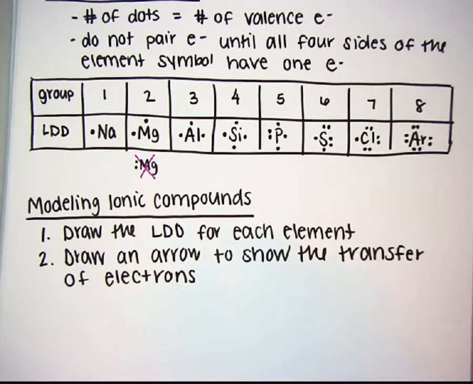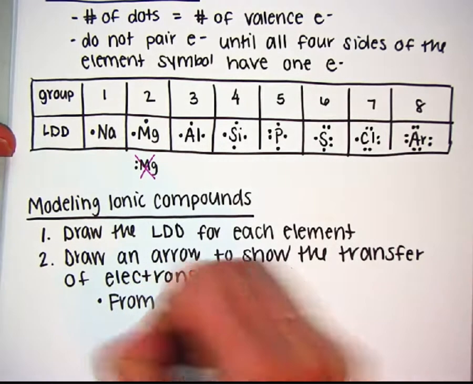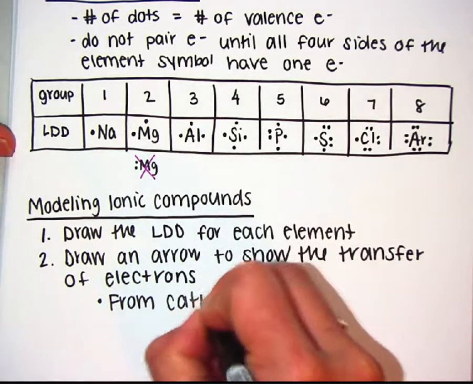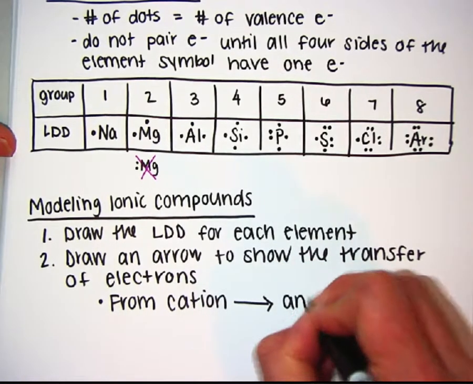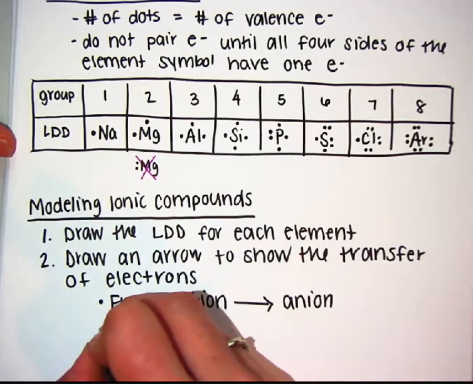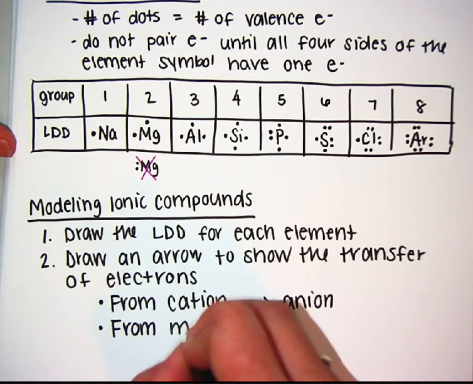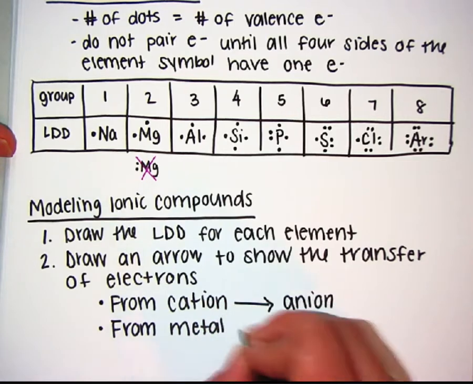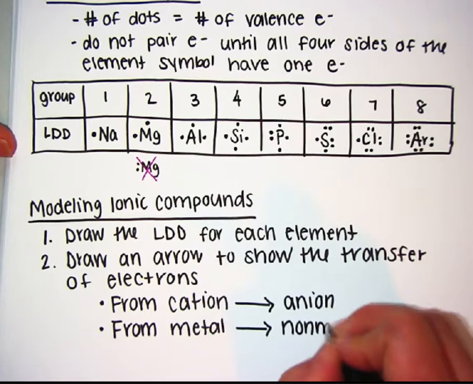The arrow always points the same way. It is going to point from the cation to the anion. Or we can say it's going to point from the metal to the nonmetal.